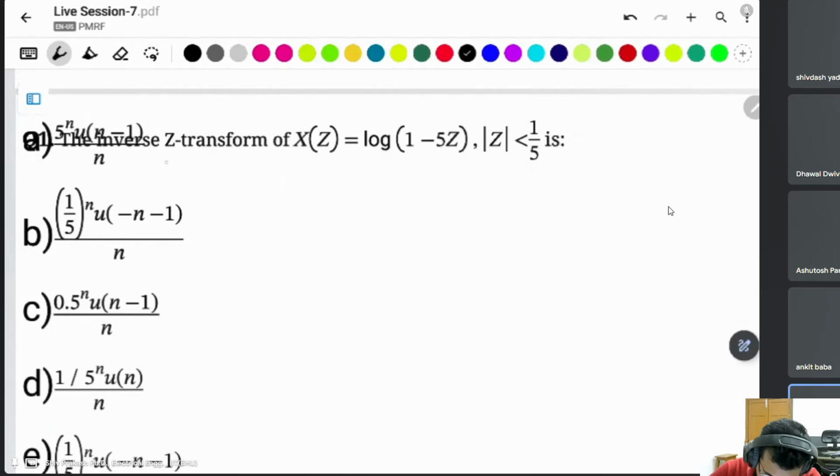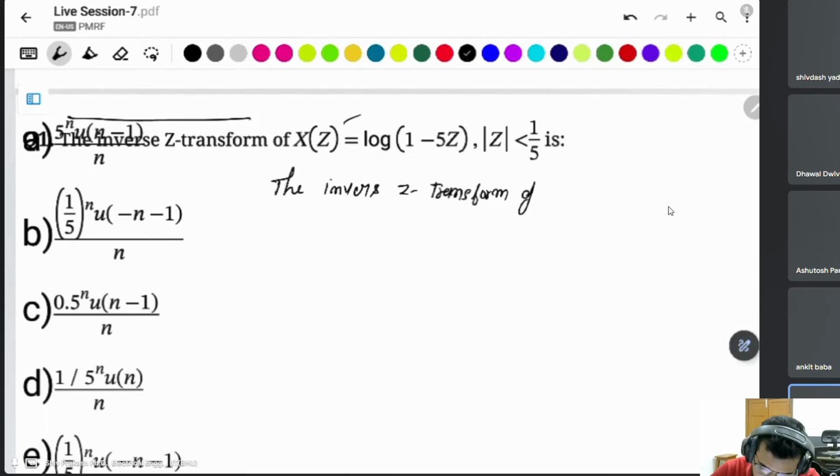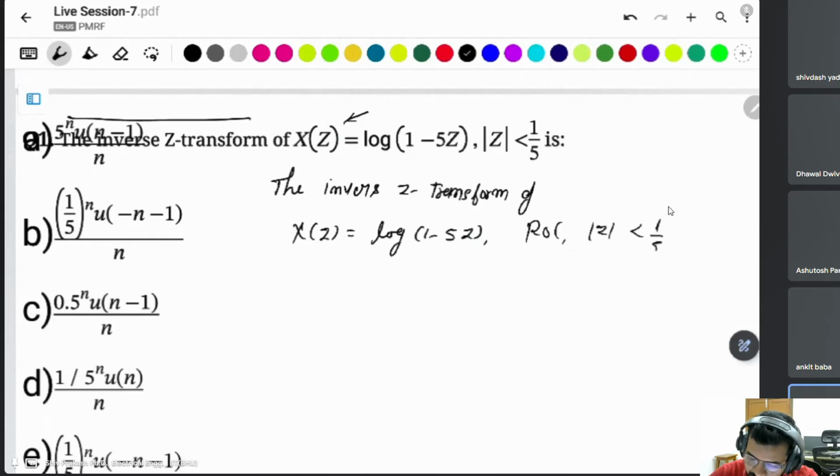The question is: find the inverse transform of X(z) equal to log(1 - 5z), where the ROC is given as |z| less than 1/5.